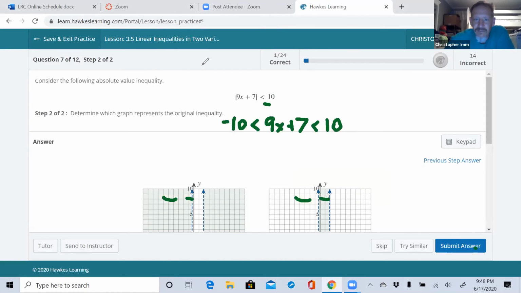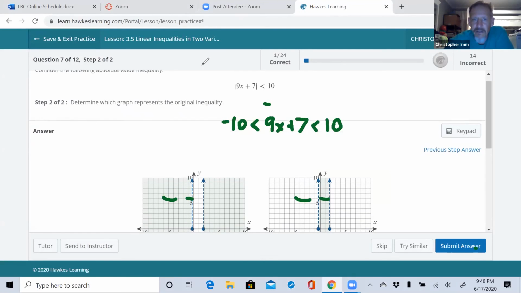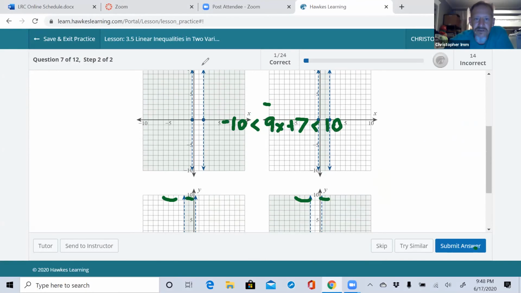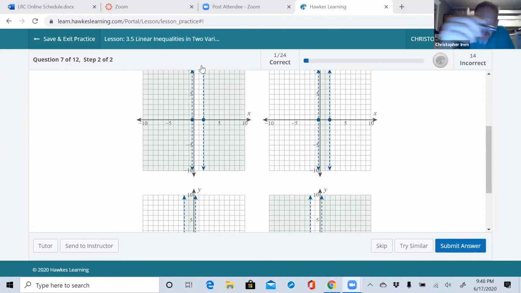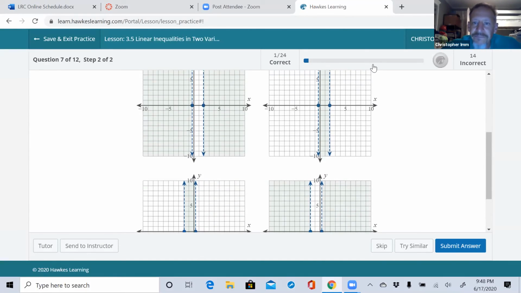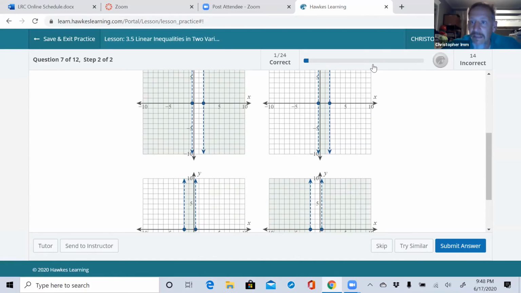Okay, so now it says, which graph is represented by the original inequality? I have 4 to choose from. I'm going to clear this out a little bit. So I had 2 inequalities, and notice that these are graphed on the XY plane. Back in chapter 2, we were just looking on the x-axis.